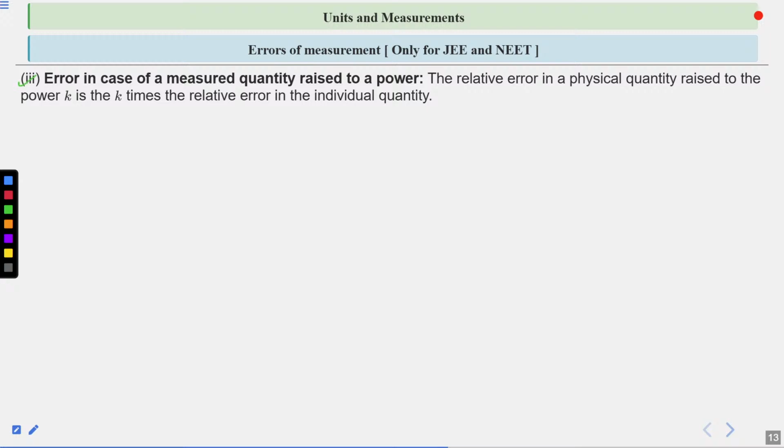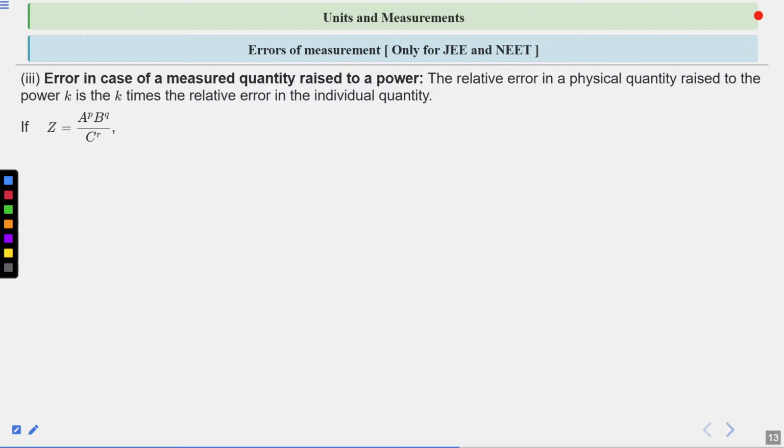Third is error in case of a measured quantity raised to a power. The relative error in a physical quantity raised to the power k is k times the relative error in the individual quantity.